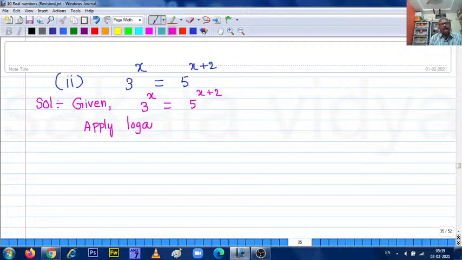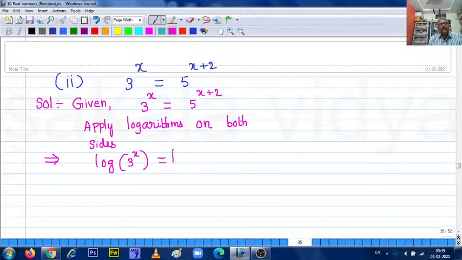Apply logarithms on both sides. This is the second step. So now what is the next step? Log of 3 power x equals log of 5 power x plus 2.